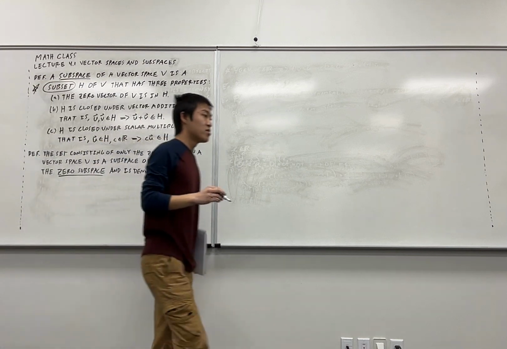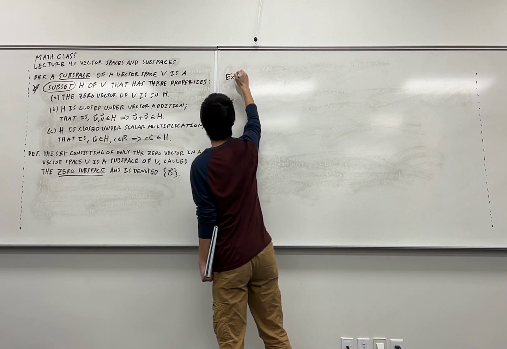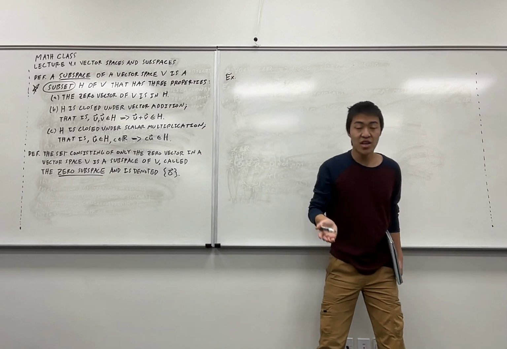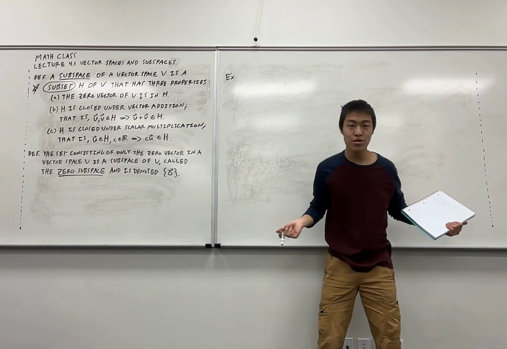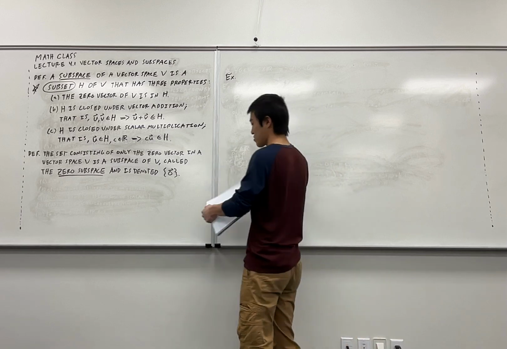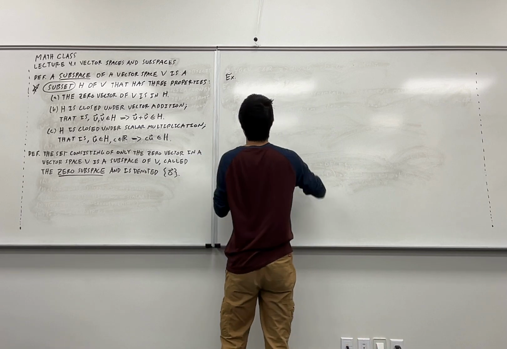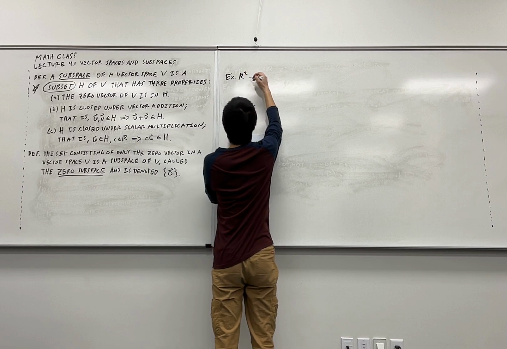Subset. So, for example, this should be intuitive. If you don't even take a subset of your original vector space, how on earth are you expecting that to be a subspace? You might think that R2 is a subspace of R3, but no, it's not.